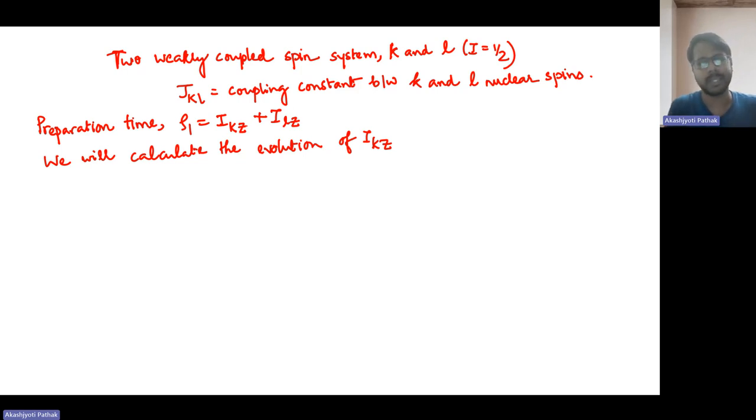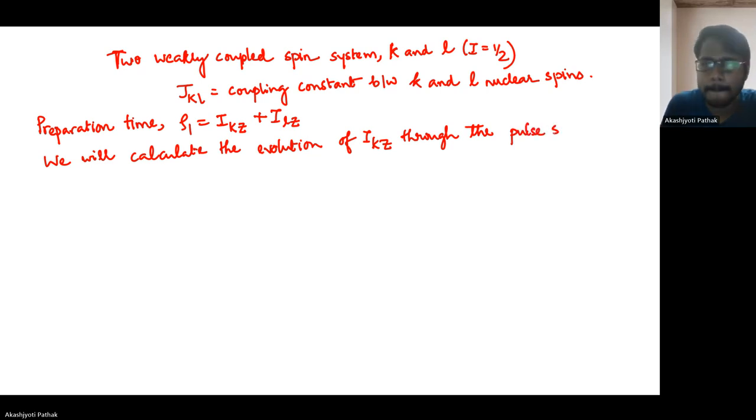This is the effect of this magnetization on the K nuclear spin, and then you can extrapolate the same for the L spin also.